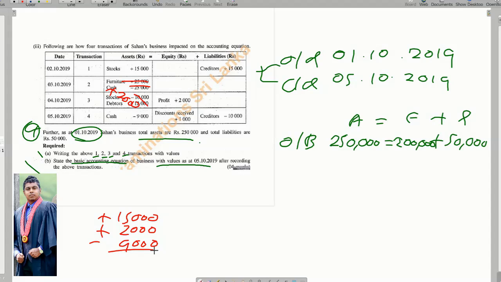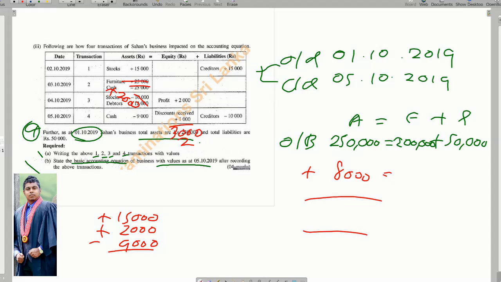How did we get that value? 15,000 plus 2,000 is 17,000. Then minus 9,000. Therefore we get 8,000. Within the period the asset balance is 8,000.